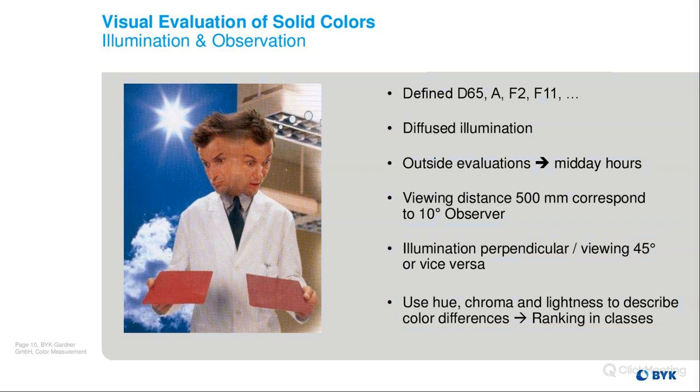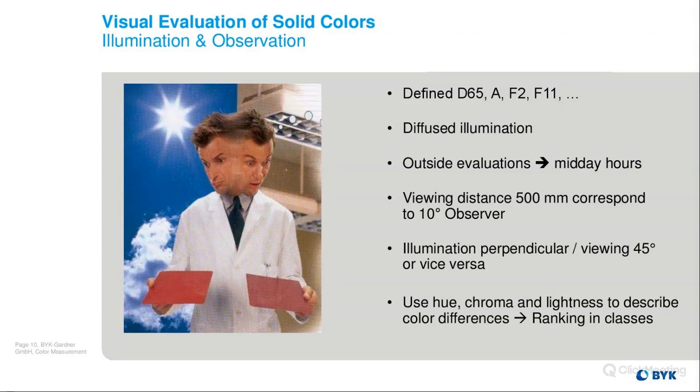So for visual evaluation of solid colors, these are some of the defined methods for looking at those colors and accurately analyzing between those different samples. So we see that we have defined light sources of the D65 light, the A tungsten light, and the F2 and F11 fluorescent lighting.